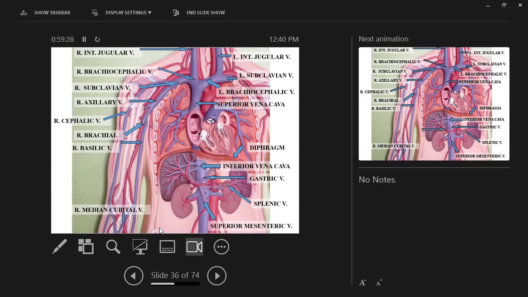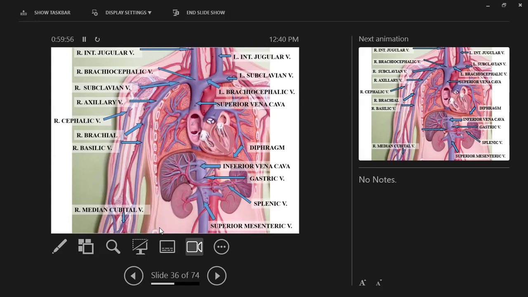Now there is the superior mesenteric vein. That's going to be the primary drainer, I guess that's a word, of the small intestine. Because this blood in the superior mesenteric vein is coming up here to go to the liver to be cleaned up. Because everything we eat and drink gets absorbed in the small intestine and it goes straight to the liver to be detoxified because who knows what's in it?